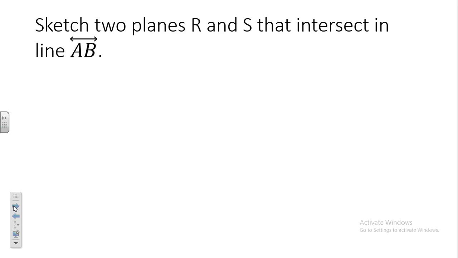How do we draw that? There's one plane, right? And I'm rusty. It's been a long summer, so I'm not sure I can draw this very well and have it look right.